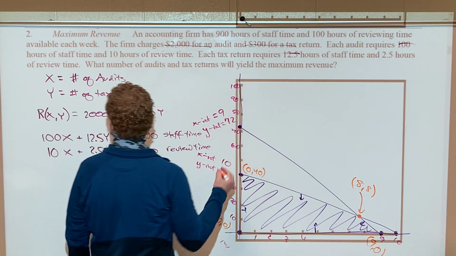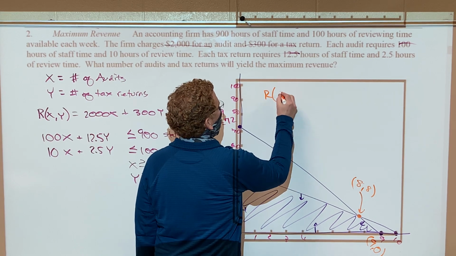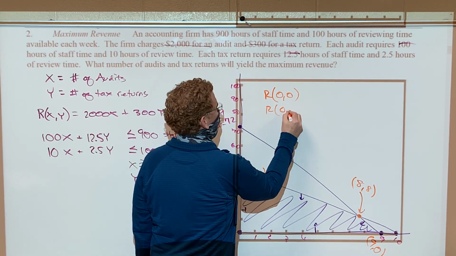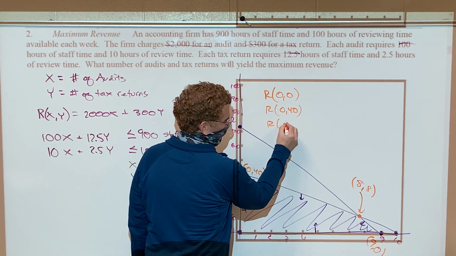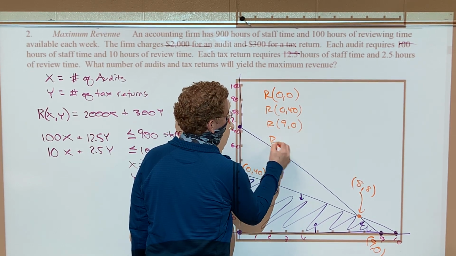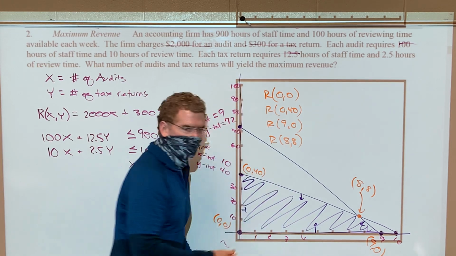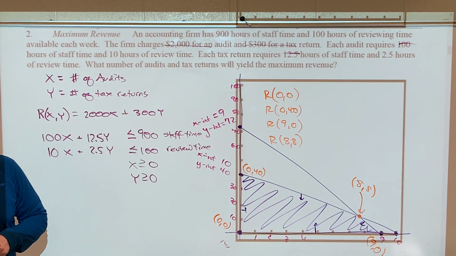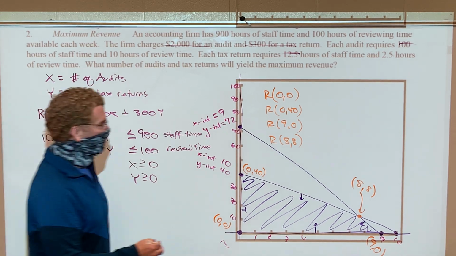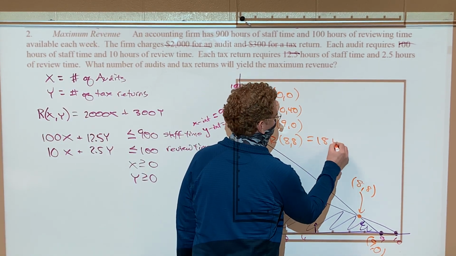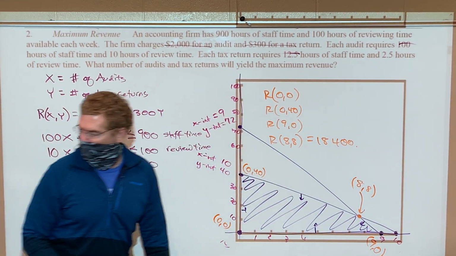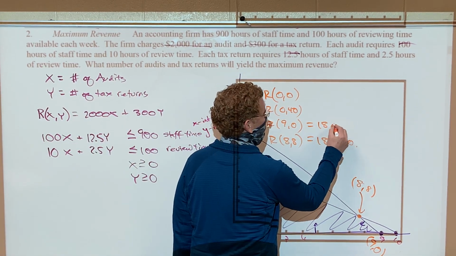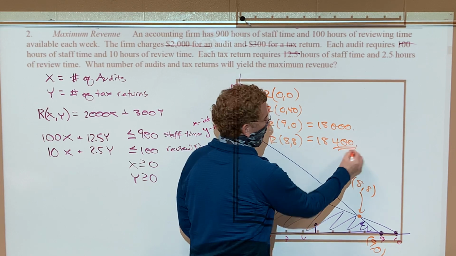And then you come back to the revenue equation, and you're going to plug 0, 0, 0, 40, 9, 0, and 8, 8, and you're going to find, typically you will, at 8, 8, you ended up with 18, 4, and the closest thing to that was 9, 0, which gave you 18, and you might go, oh, it's only $400.